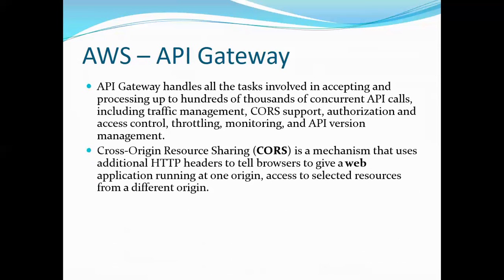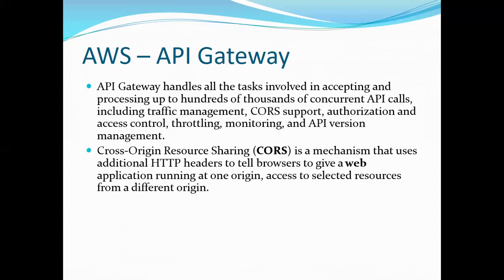Like if you see, CORS, cross-origin resource sharing, is a mechanism that uses additional HTTP headers to tell the browser to give a web application running at one origin access to resources from another. So basically, it's cross-origin communication. You have your own web application, and within the application you are invoking another web application to get the data or post the data.